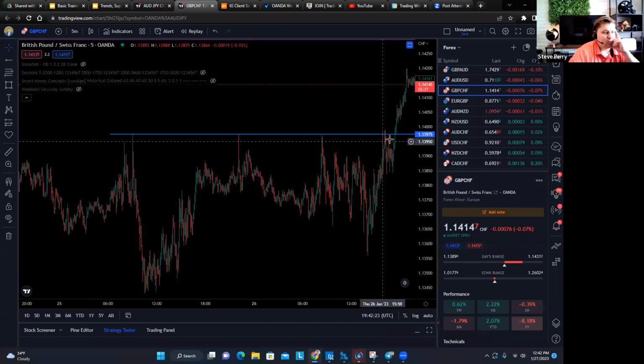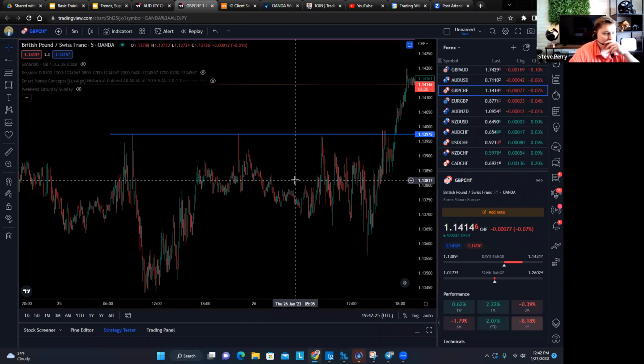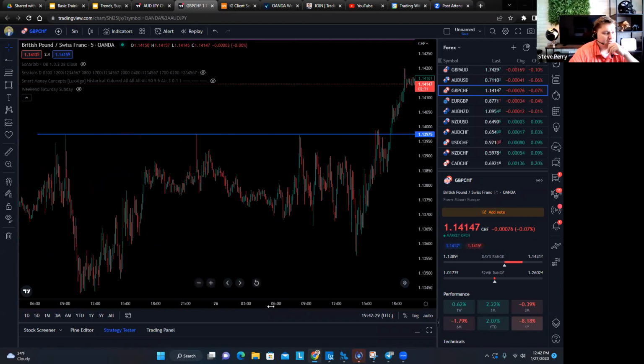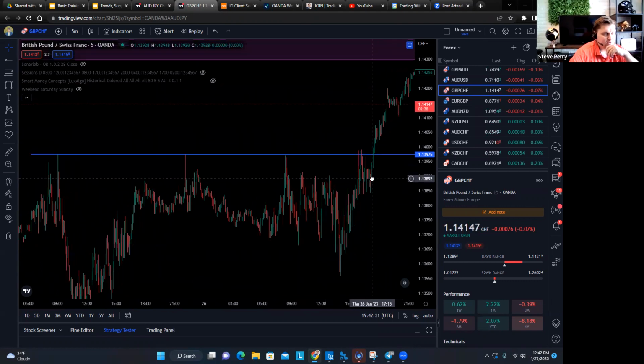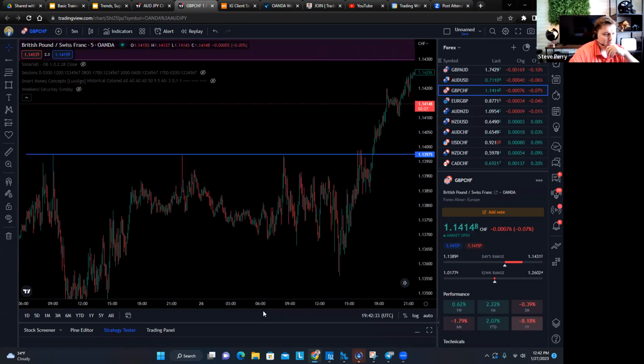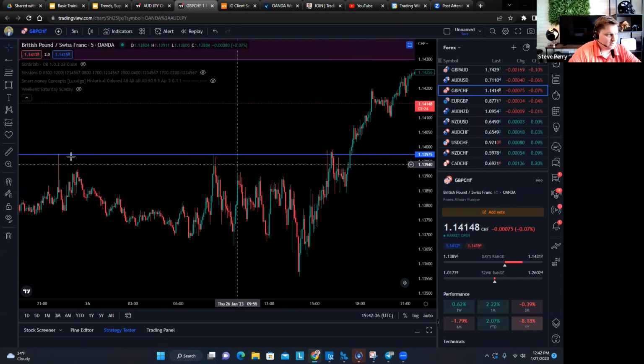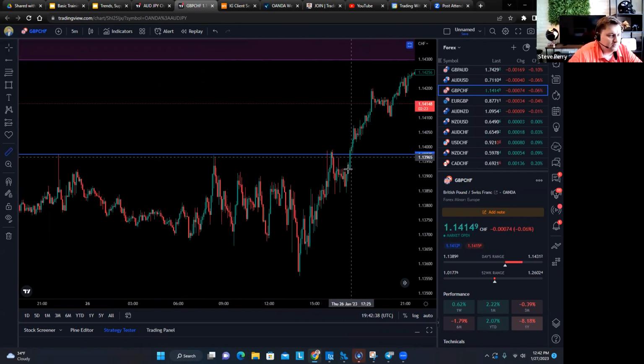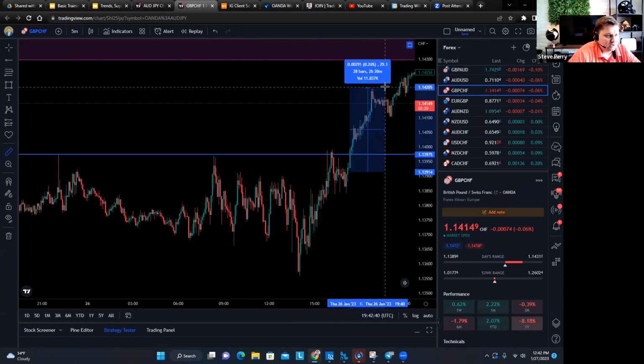So that's perfect. You've got four different touches. Now what we're doing is looking at this, and sometime last night or this morning, this broke out. Totally disrespected this resistance that was formed and just broke out.